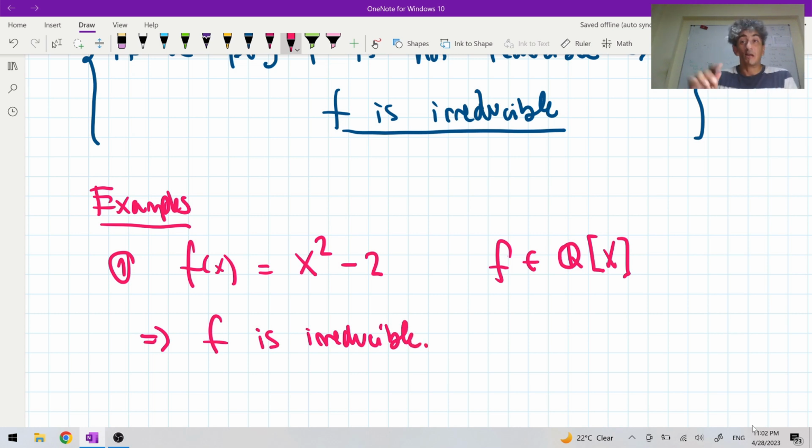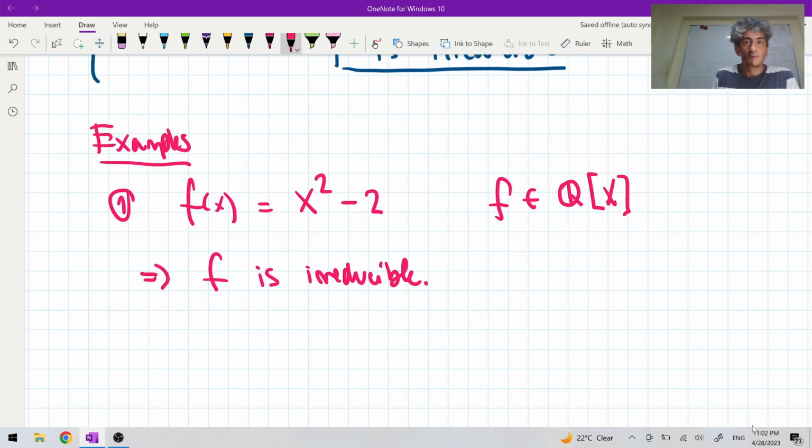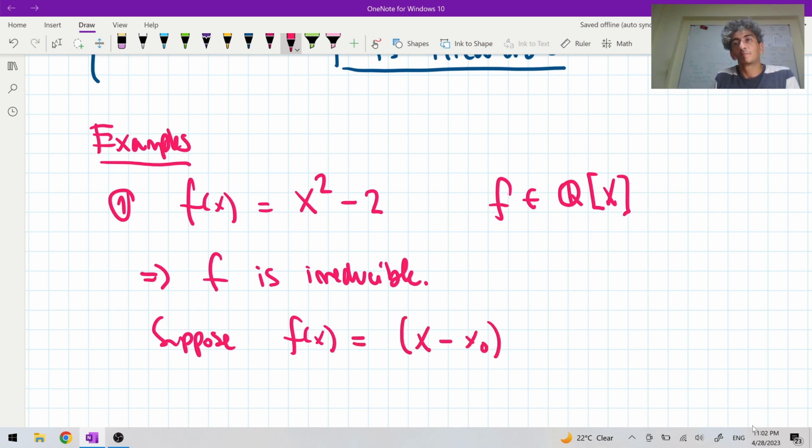I will say why. Suppose f of x can be factored into a product of two polynomials of degree 1. That's the only choice we have.